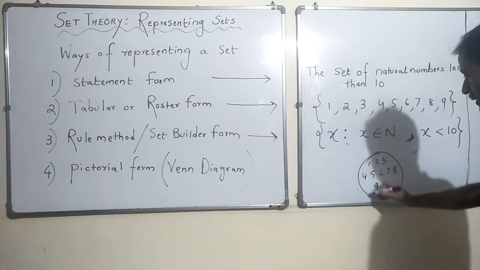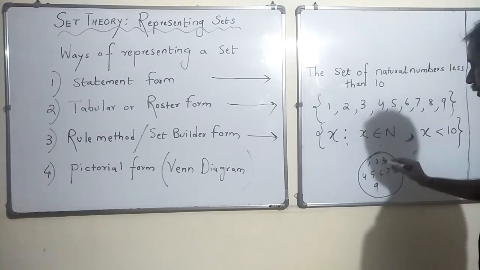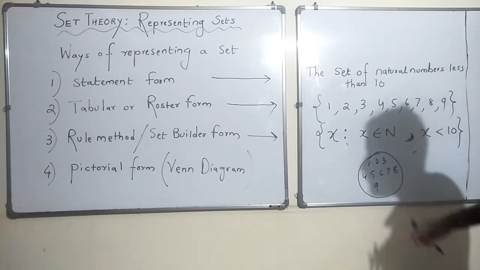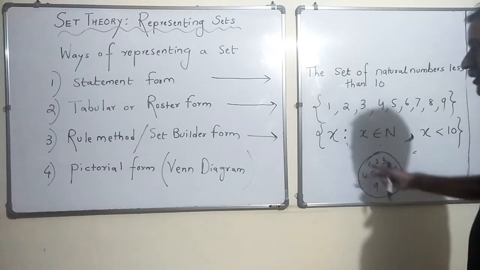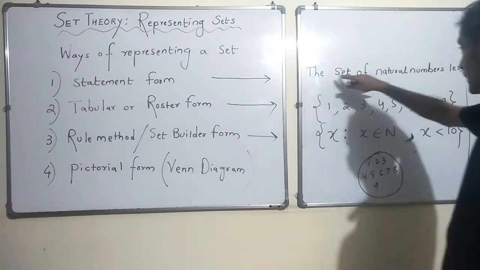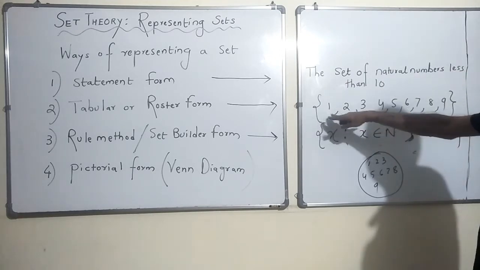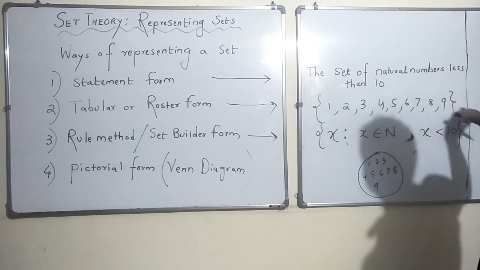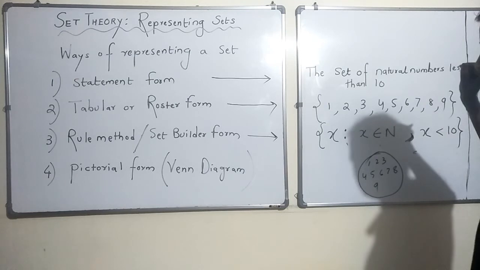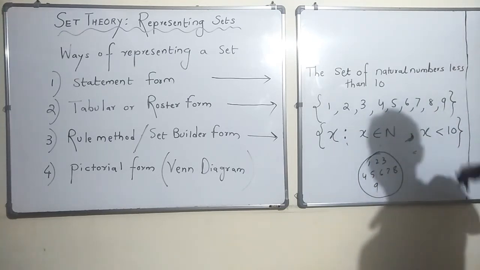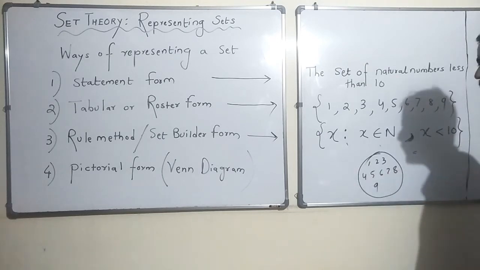So this is a set, and which are the members of that set? 1, 2, 3, 4, 5, 6, 7, 8, 9, right? So this is the pictorial form of the statement we made, the set of natural numbers less than 10. This is the tabular or the roster form, which we introduced even in the previous session. This is the rule method or the set builder form, and this is the pictorial form, right.